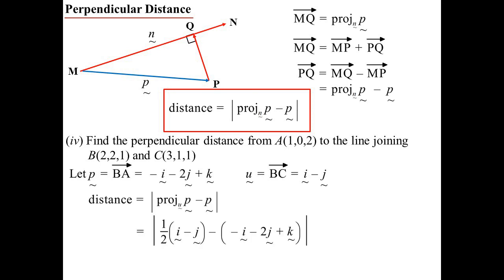So we get, using the formula we've just worked out, a half of i minus j minus i minus 2j plus k. We want the magnitude of that particular vector, and that turns out to be root 22 on 2.